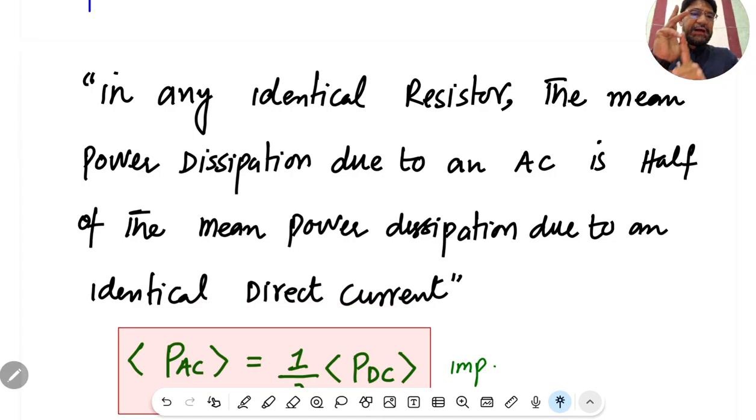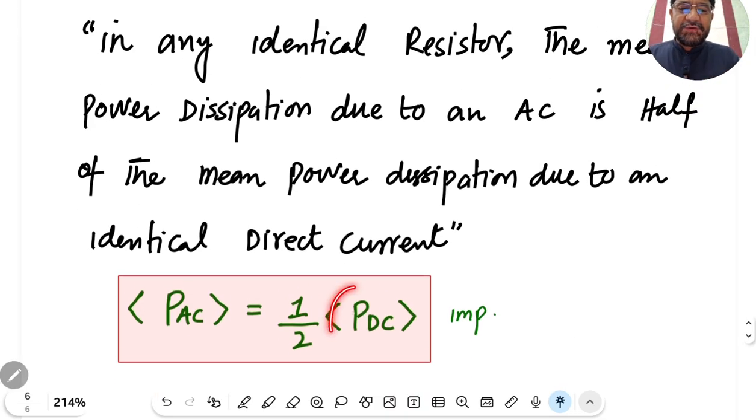Yani, for 10 ampere DC flowing in a 100 ohm resistor, the mean power dissipation was 10,000 watt. But for the same 10 ampere alternating current flowing through a 100 ohm resistor, the mean alternating power dissipation was 5000 watt, which is exactly half of the power dissipation due to direct current.